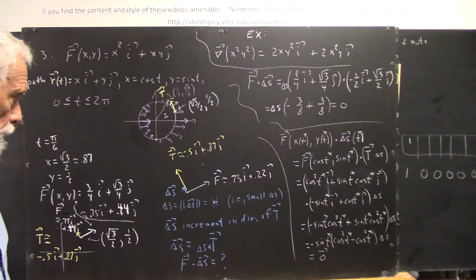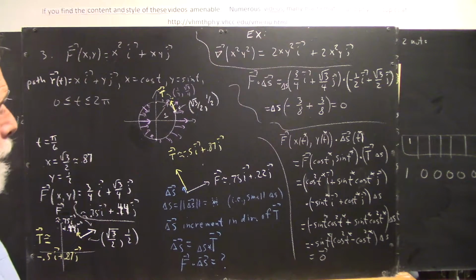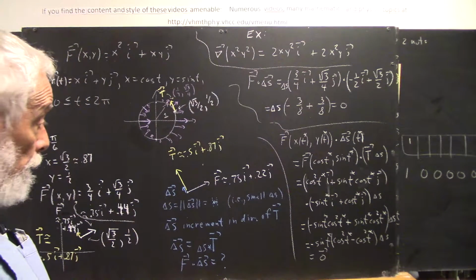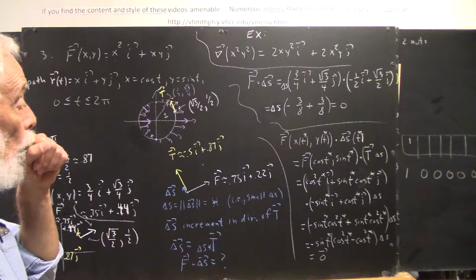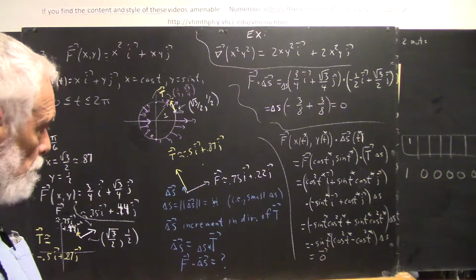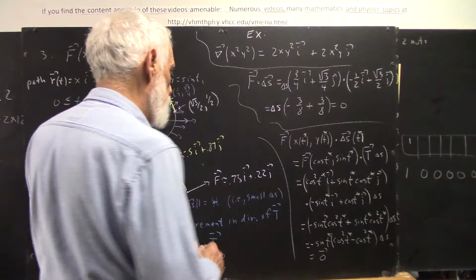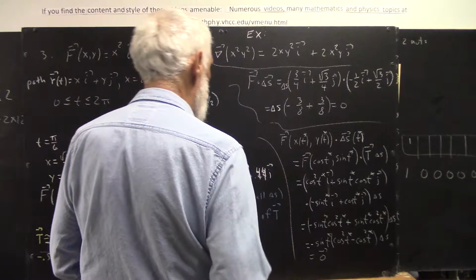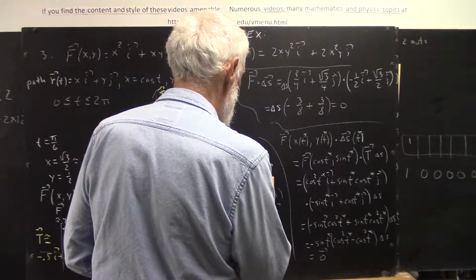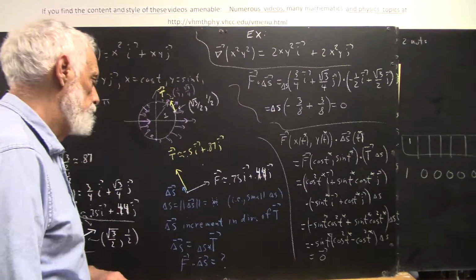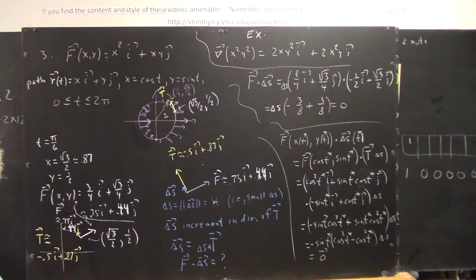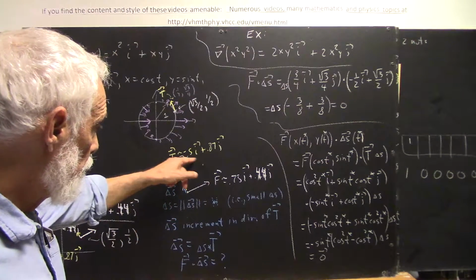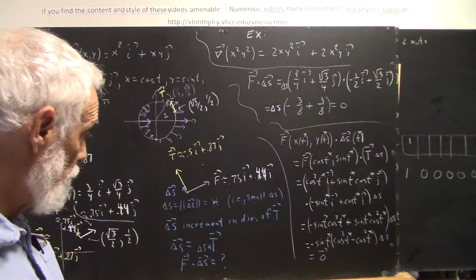Again, I wasn't thinking very hard, at least about that. I was thinking hard about how to explain things. Not sure that had any effect. So, here's our f vector, which is approximately 0.75i plus 0.44j, not 0.22j. And here's our unit tangent vector, negative 0.5i plus 0.87j.